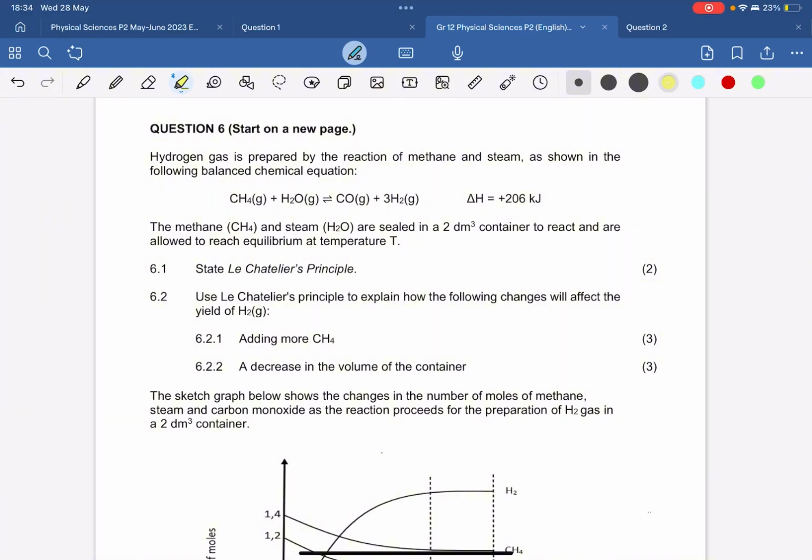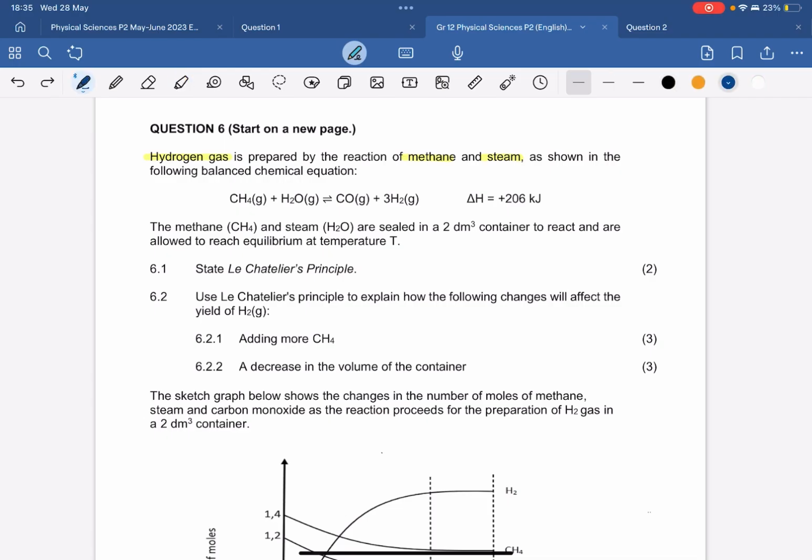So question 6 says, hydrogen gas is prepared by the reaction of methane and steam, and is shown in the balanced chemical equation. So we can see the chemical equation there, drawn for us. And then we can also see that the change in enthalpy is positive 260 kilojoules, right? So what does that mean for us?